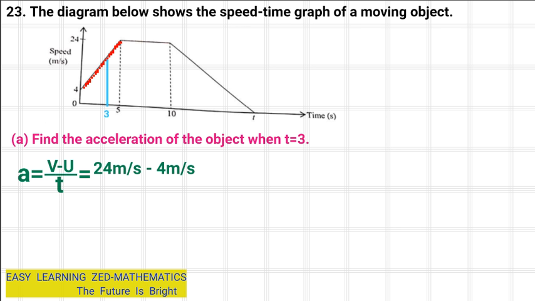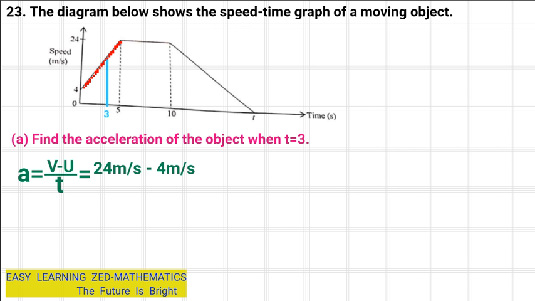The red line there, on the slanting line, is showing the acceleration was just constant. The change in velocity was just the same. So I can use any point, just like I've used 24 minus 4. Then the time it took from that point to that point is 5 seconds.